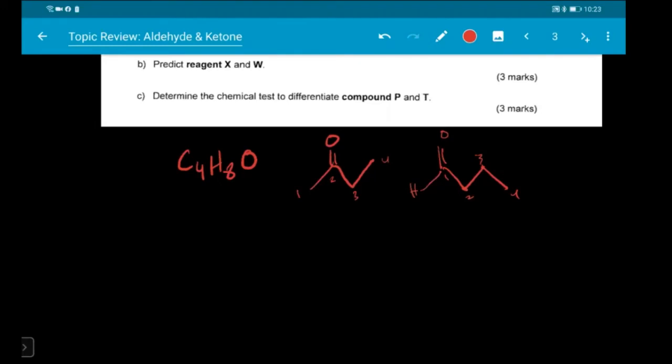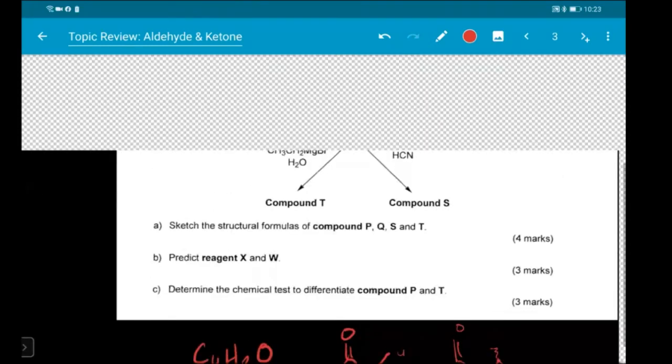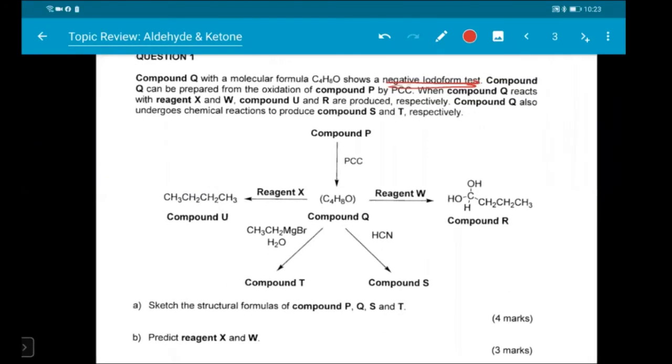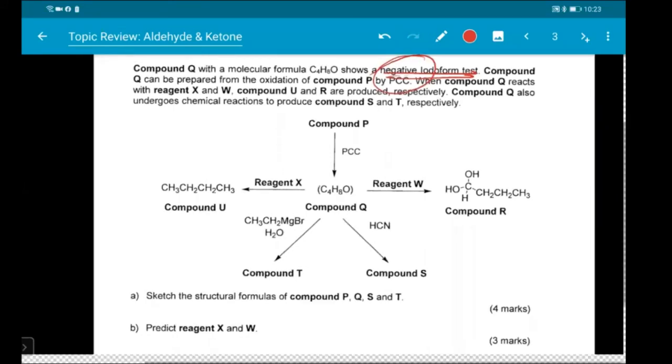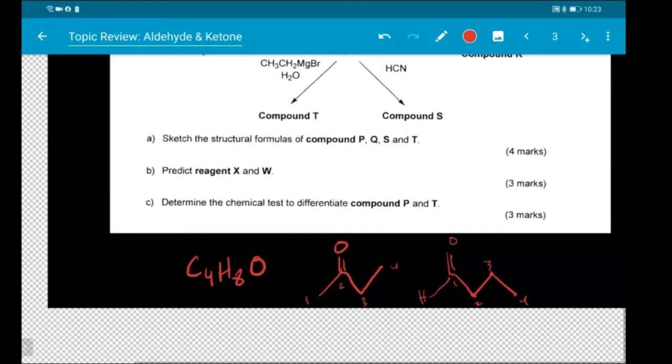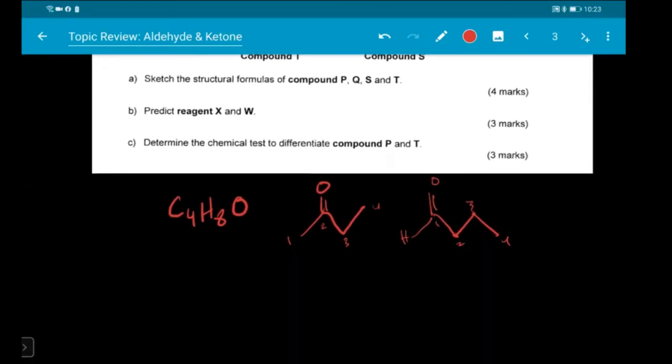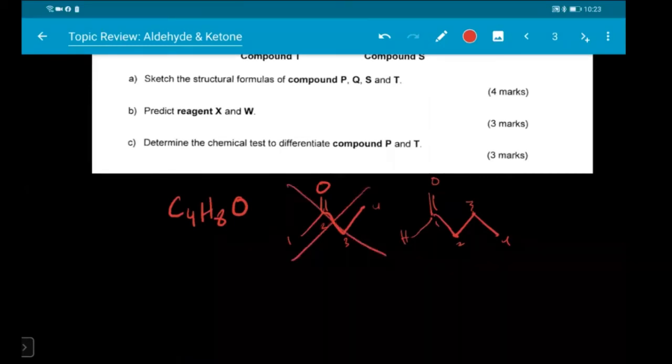Okay. So sekarang ni dia kata shows a negative result, negative iodoform test, maksudnya negatif apa? Negatif ada ke tak ada metal group? Tak ada. So kita boleh cancel yang ketone ni. Alright, again kenapa ada dua structure?